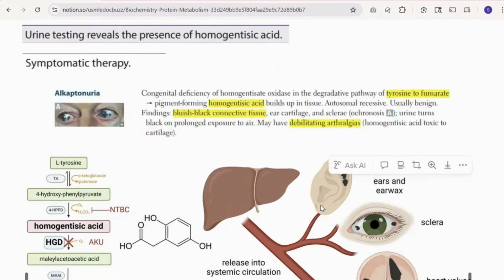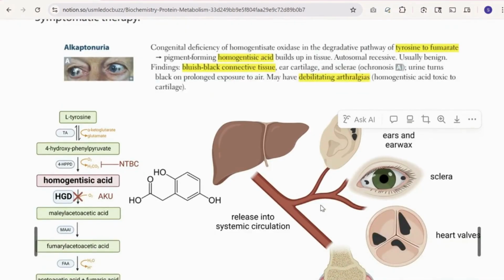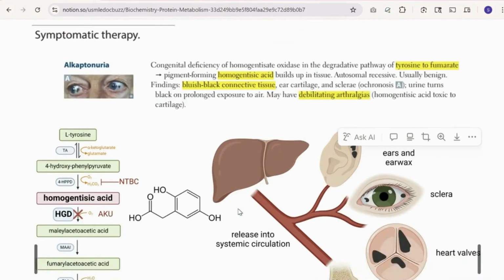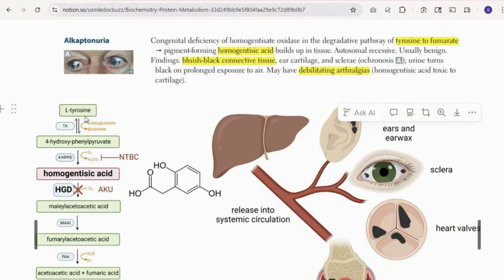Okay, alkaptonuria. You see, there's something called branched chain amino acids, BCAAs. No, that's MSUD. My bad. Alkaptonuria is a part of tyrosine metabolism, where tyrosine ends up making this acid right here, homogentisic acid.